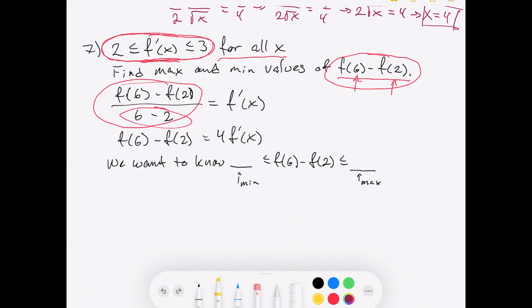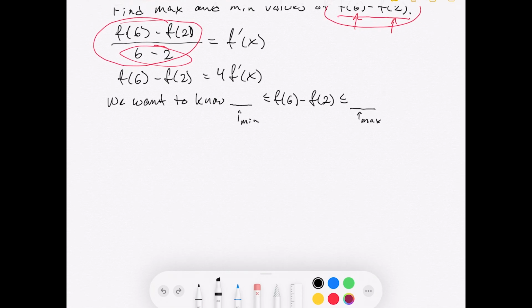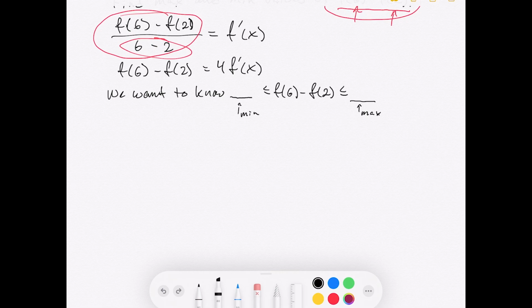All right, well, can I use anything else that I've written down or any other given information to help me determine those maximum and minimum values? The answer is yes. We're going to go back and use this piece of information, which I meant to draw in red. There we go. And we're going to combine it with something else that we know.